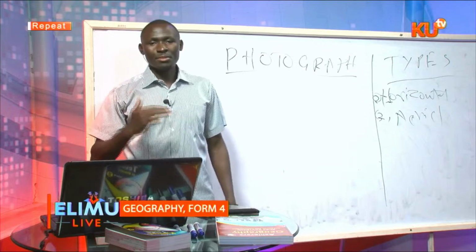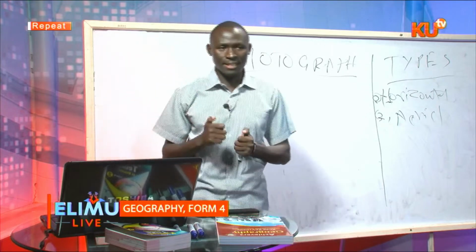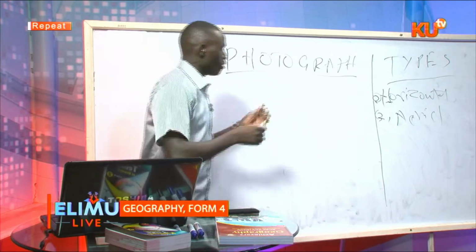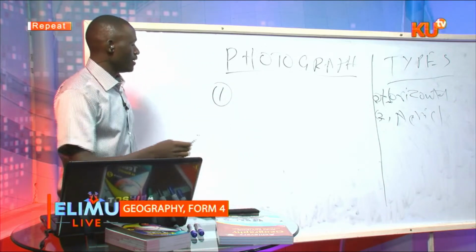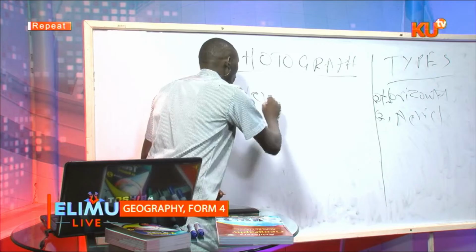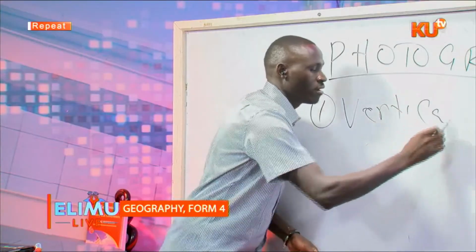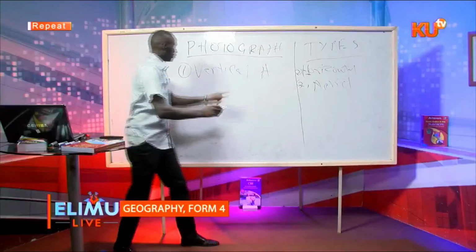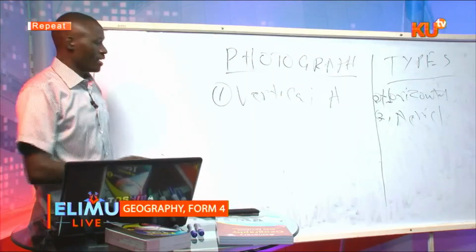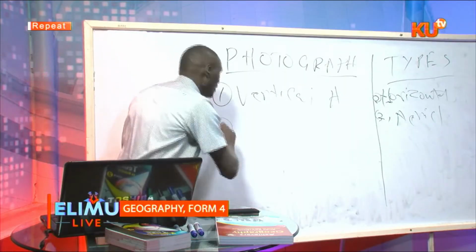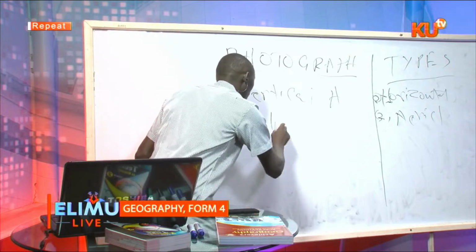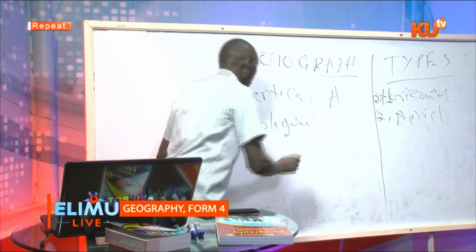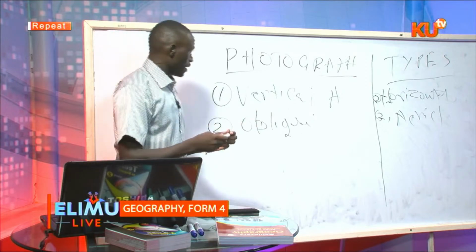Now, aerial photographs are also divided into two. The number one division is the vertical aerial photograph, and the second one is the oblique aerial photograph.